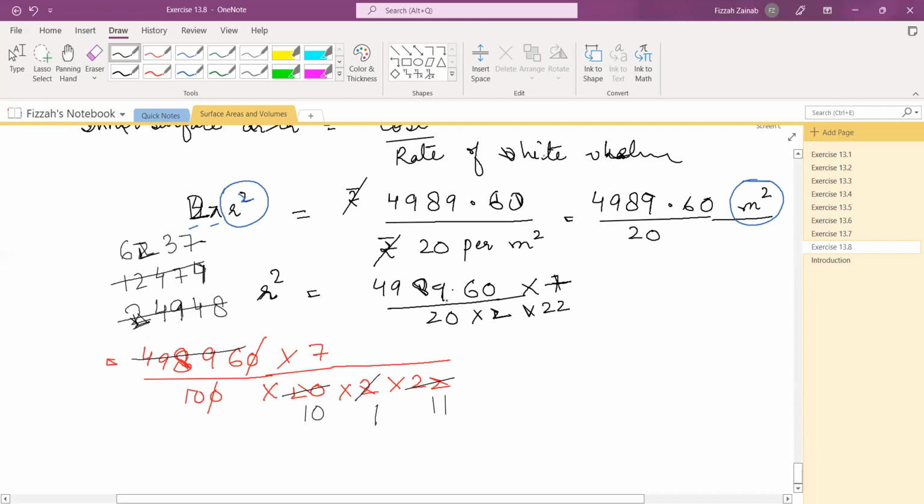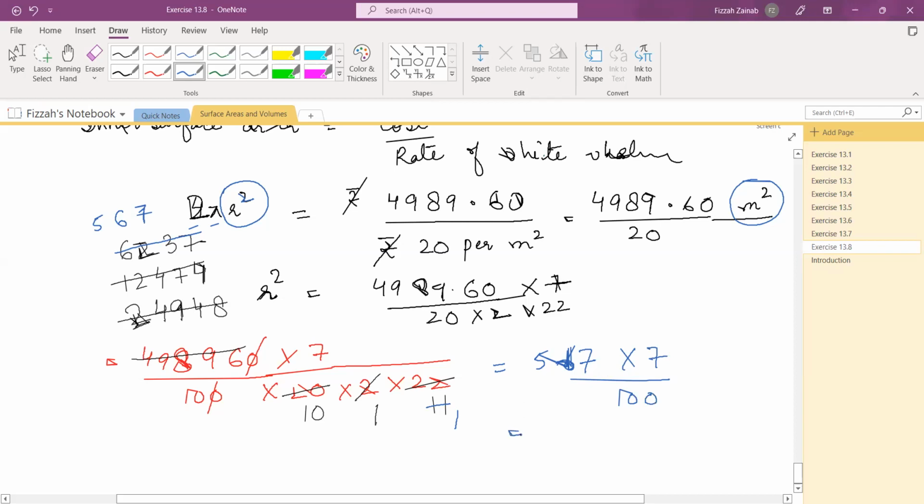Yeah. So if I divide it by 11, 11 into 1 and then 11 into 5 is 55 and then I'm left with 73, 66 and then 7. Okay. Now I'm left with what? So 567 into 7 and divided by 100.